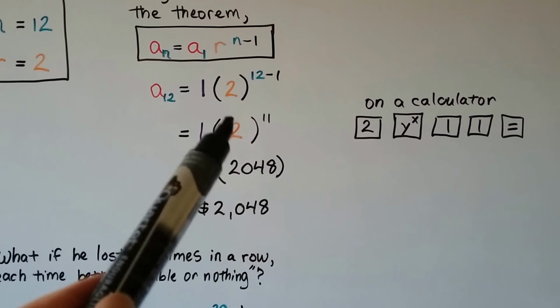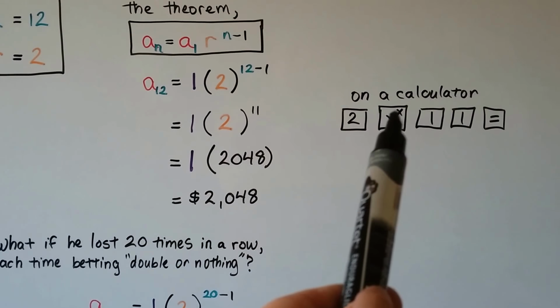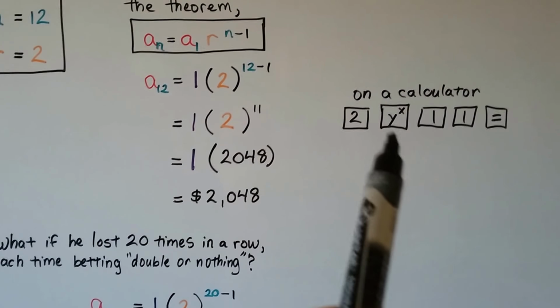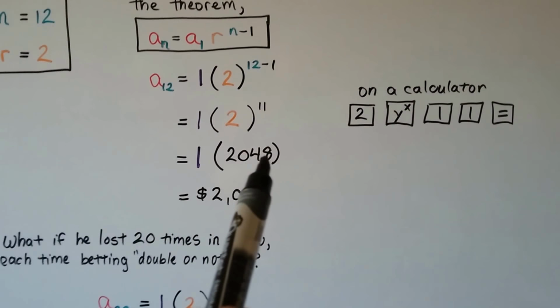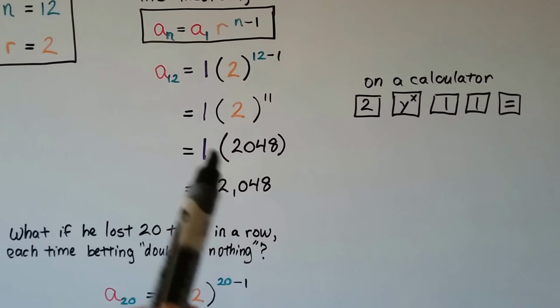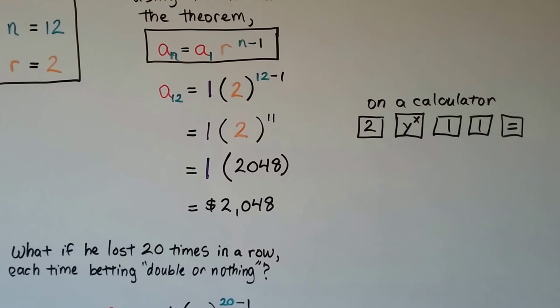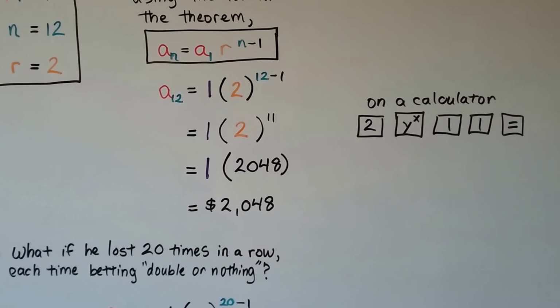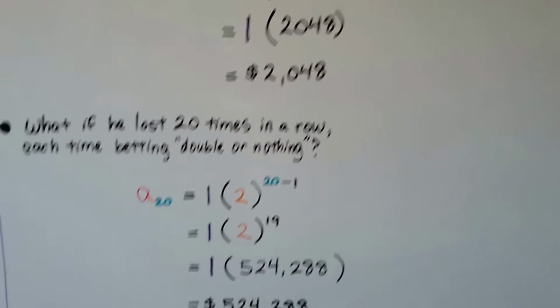All we have to do is 2 to the 11th power on a calculator. 2, here's that y to the x button I was talking about, 11, equals, and that's going to give us 2,048. We're multiplying it by that $1. So if he loses 12 times in a row, he's going to owe $2,048.